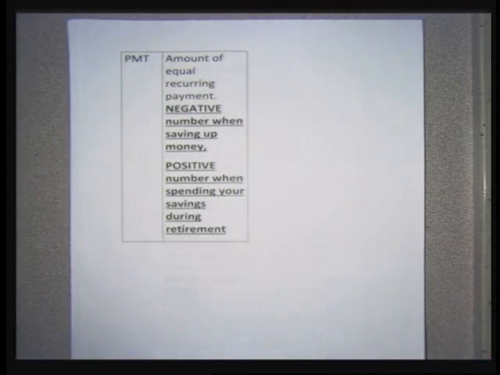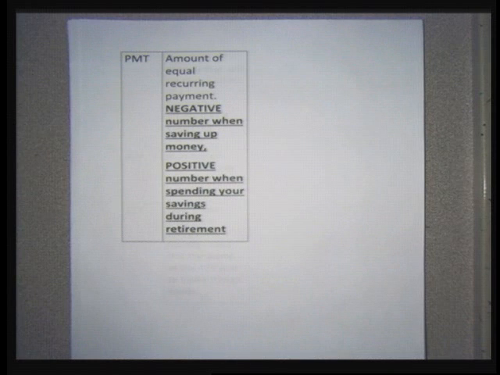Similarly, the payment has to do with the amount of money you're depositing into your retirement account or the amount of money you're pulling out of your retirement account. And again, because we're doing both scenarios, saving up for retirement and spending for retirement, the signs need to accommodate both scenarios.